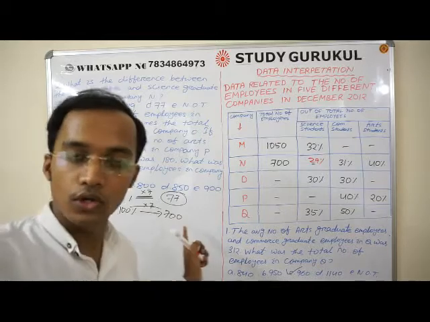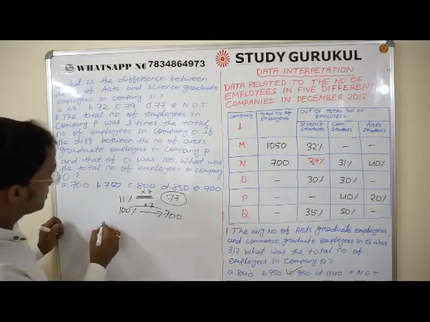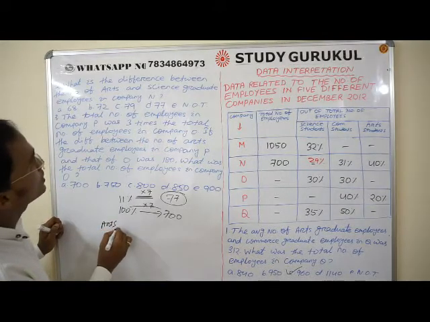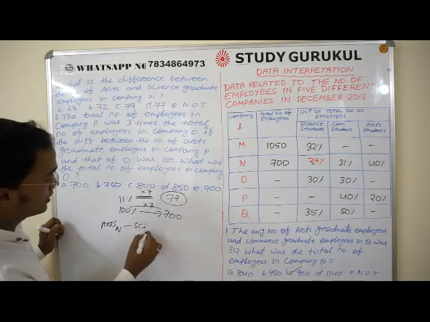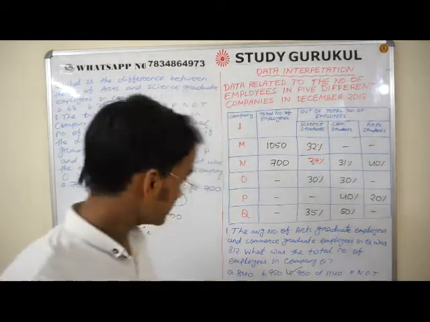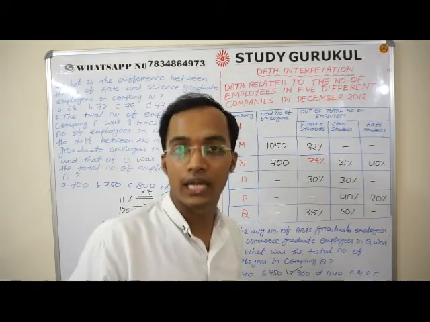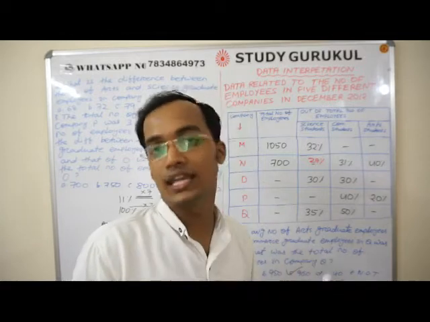Write only this in your rough sheet. Don't try to write arts N minus science N. Don't do like this. Okay? You have to save time. This is your main motto to crack any exam.